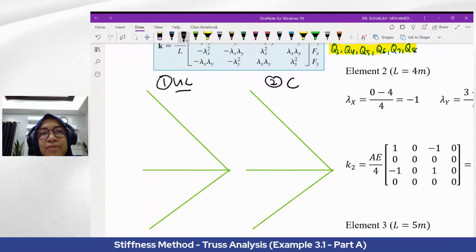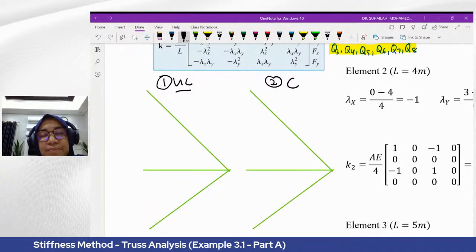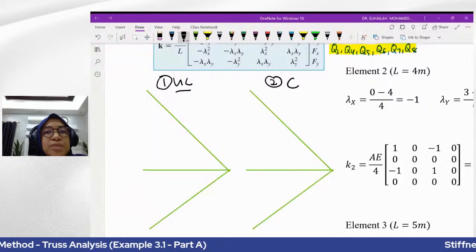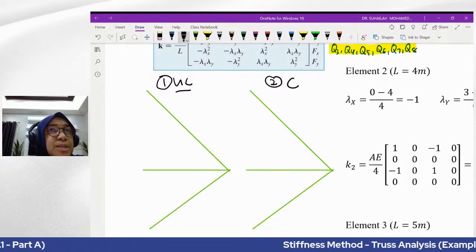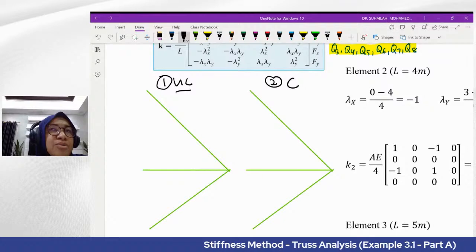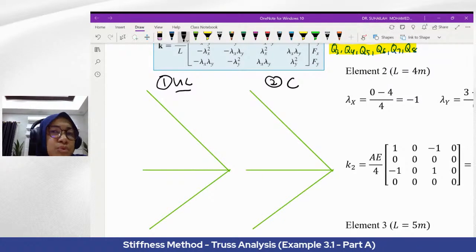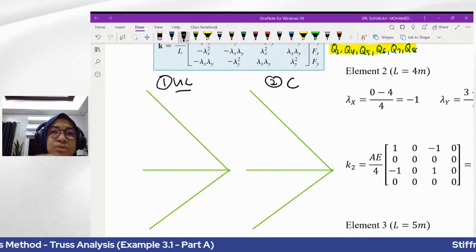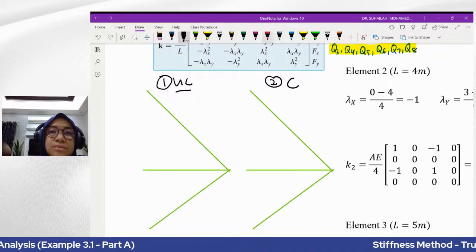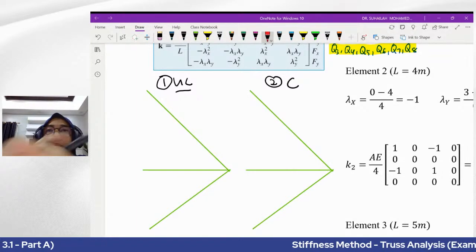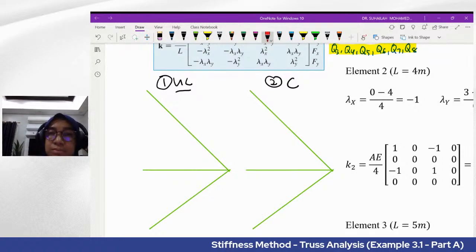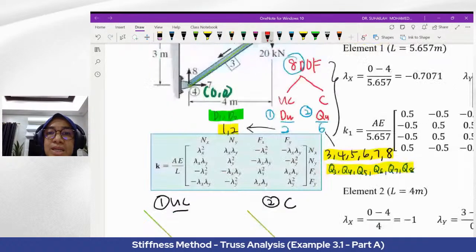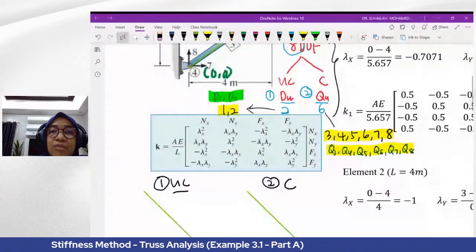Unconstrained will be labeled first because there are unknown displacements, and the unknown displacement is the first output that we need to determine. So what we need to do? We know that there are 2 degrees of freedom, and these 2 represent the degrees of freedom.